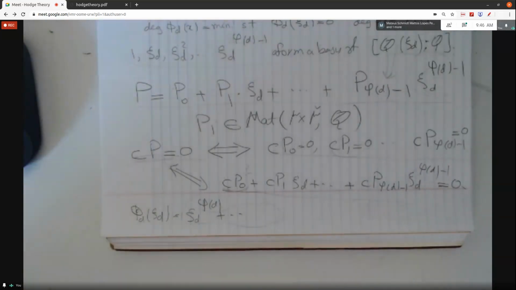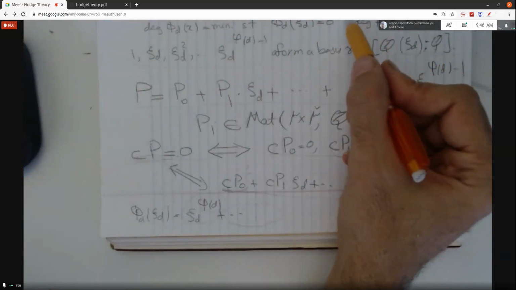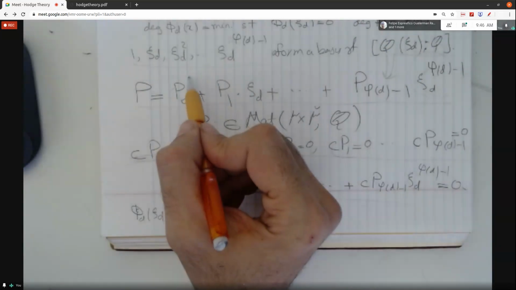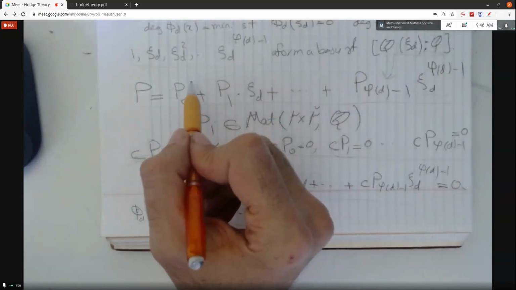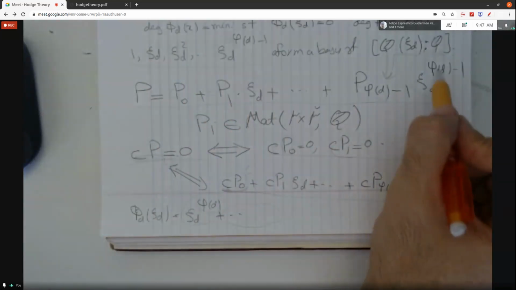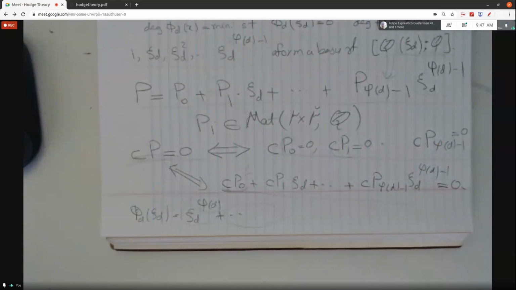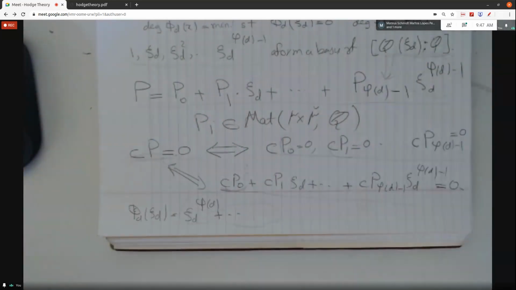Anyway, for the computation it will be needed, and the most important thing for our discussion is that 1, zeta_d, up to zeta_d to the phi_d minus 1 are linearly independent over Q, and they generate this vector space for me.